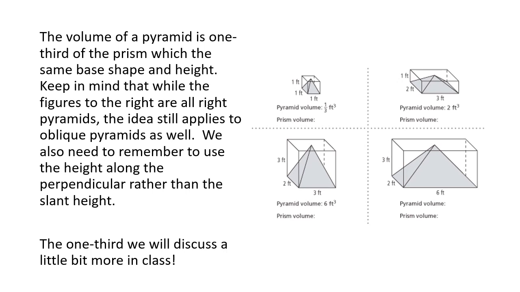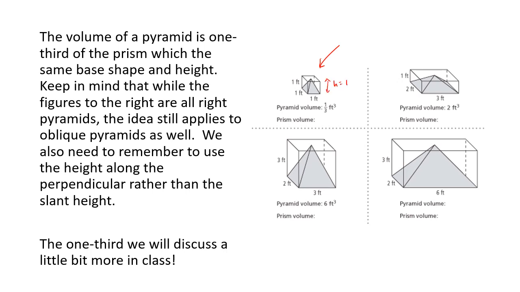Speaking of what we have at the time, we have the volume of a pyramid, and the volume of a pyramid is 1/3 of the volume of the prism with the same base shape and height. You can see here in this first example, we've got this 1 by 1 square pyramid with a height of 1.